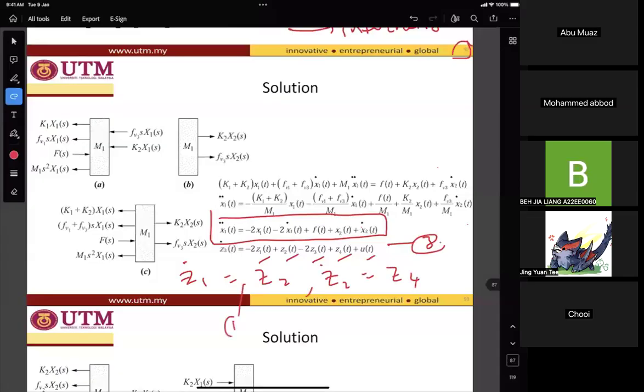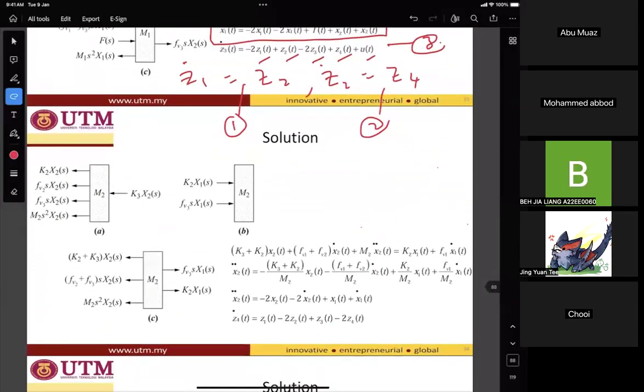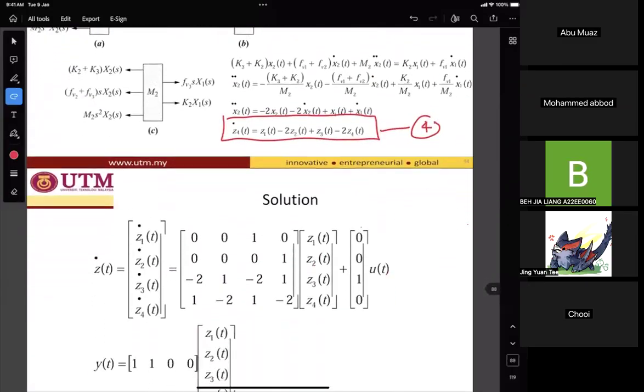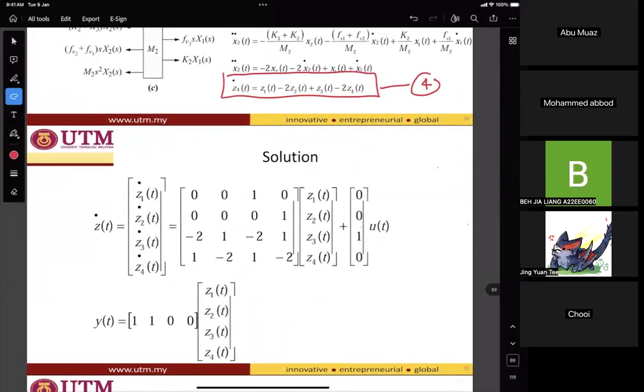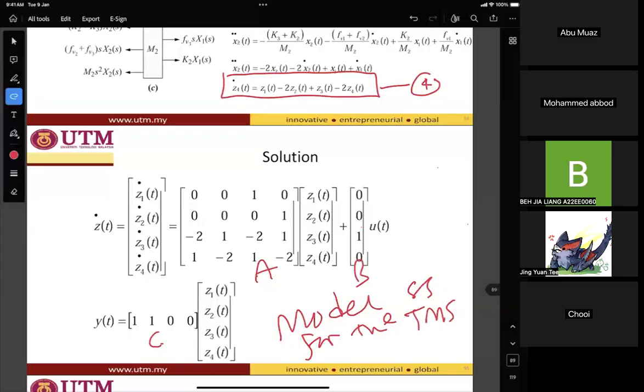So this is equation number 1, this is equation number 2, this is equation number 3, and finally we get equation number 4, okay, for the state variables. And we rearrange, so you will get the matrices A, B, and C accordingly. And this is the state space model for the translational mechanical system, mass, spring, and damper. Okay.